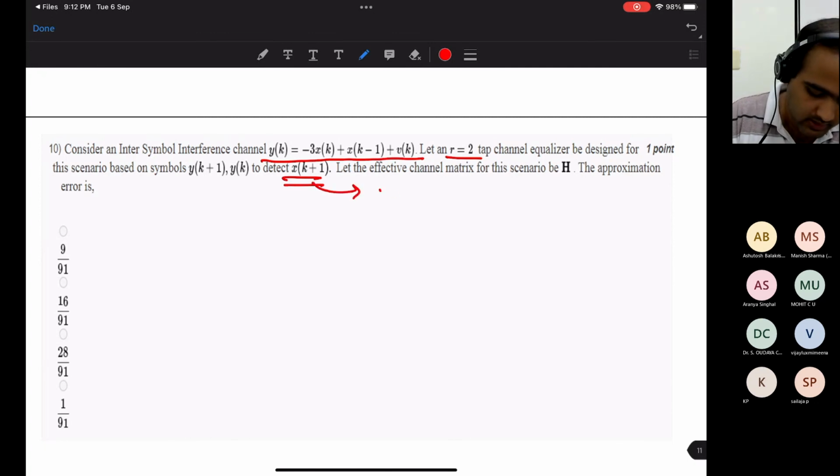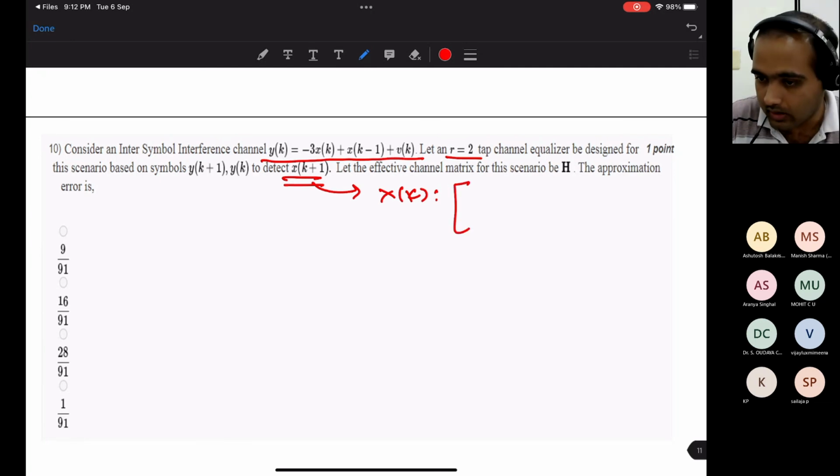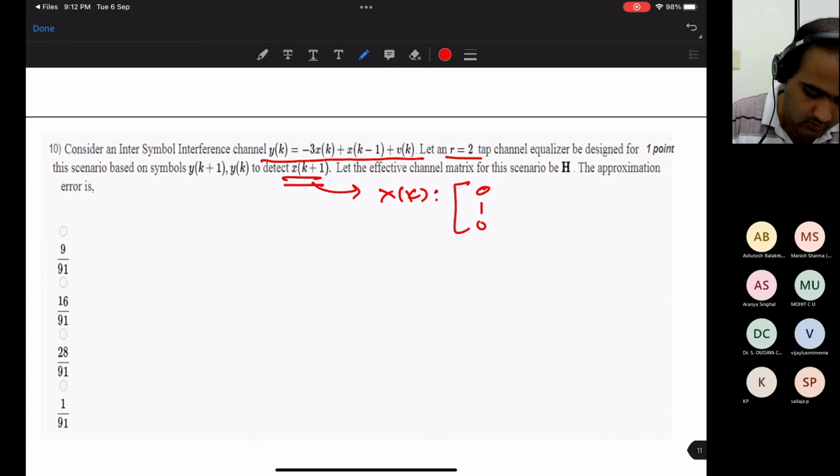Since we were detecting xk, as Aranya pointed out, our matrix was 0 1 0. But now since we want to detect xk plus 1, this is my H matrix basically. So now it will be 1 0 0, right?